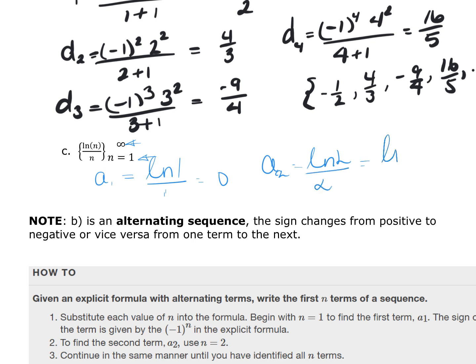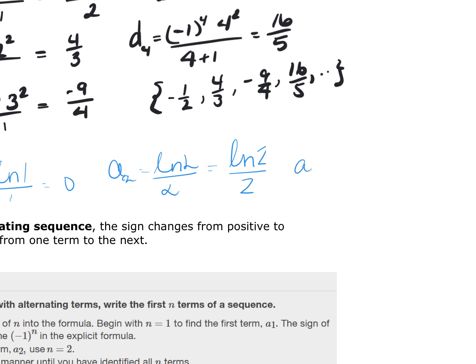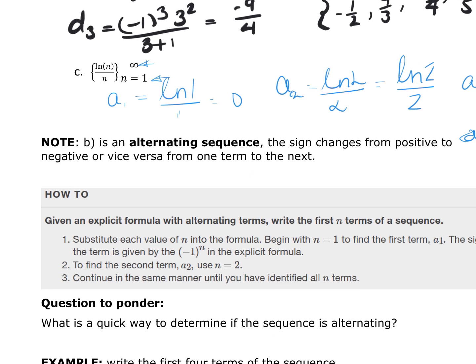I'm going to leave it as the natural log of 2 divided by 2. My a sub 3 would be the natural log of 3 divided by 3. And my a sub 4 would equal the natural log of 4 divided by 4. That's about as good as it gets. And again, I've got some issues with my pen here, so thanks for bearing with me.